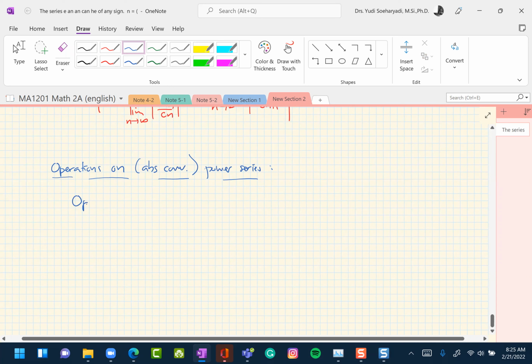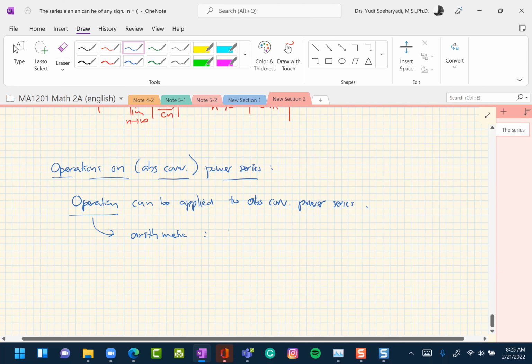Say, radius can be applied to convergent, to absolutely convergent. Okay. What kind of operations? Well, you can do arithmetics.